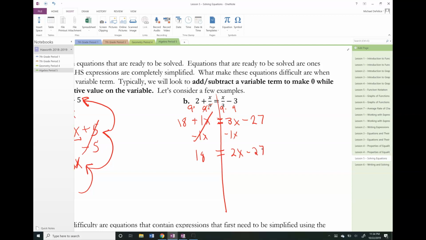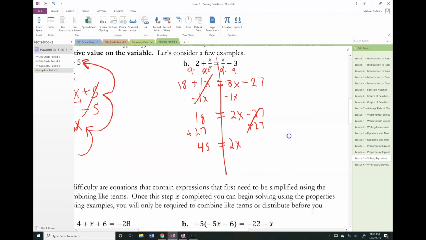I can't quite solve that by inspection yet, so I'm going to do the addition property of equality, and I'm going to add 27 to both sides. That's going to give me 45 equals 2x.